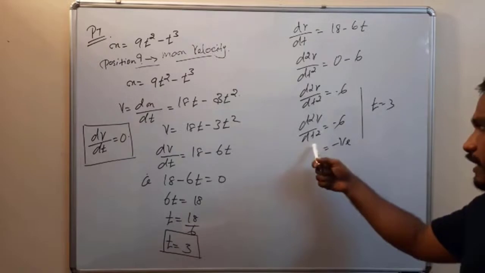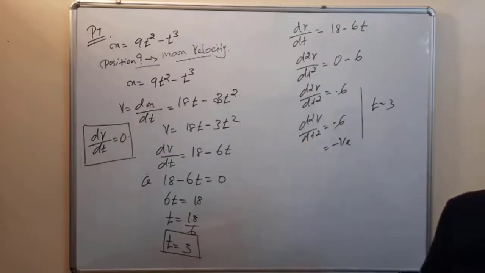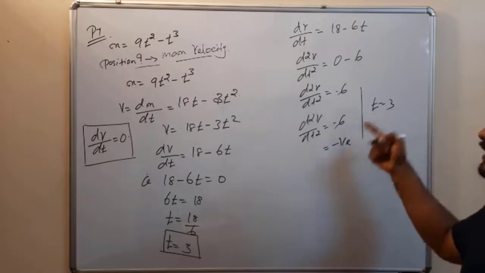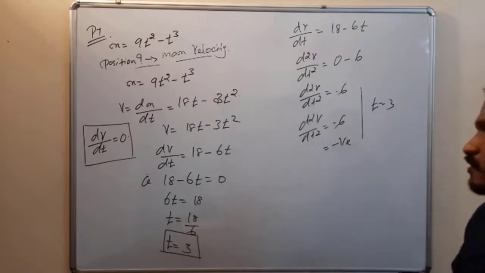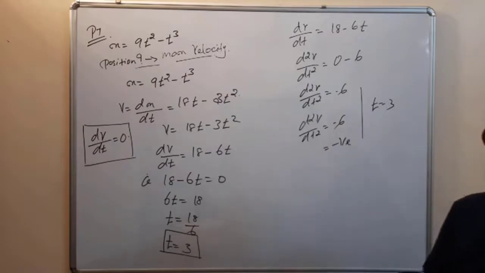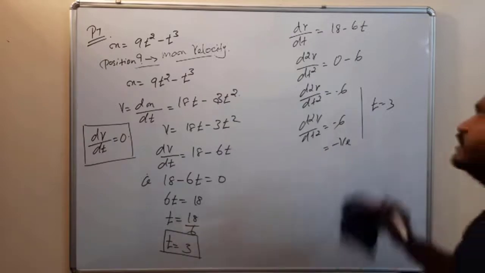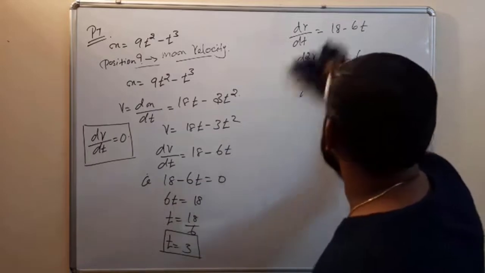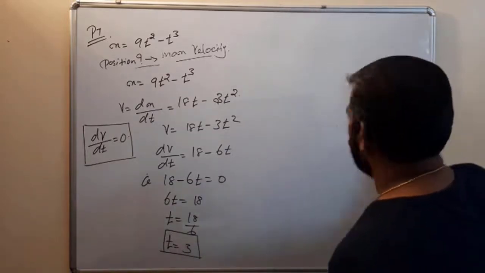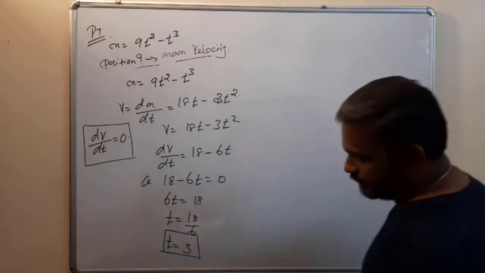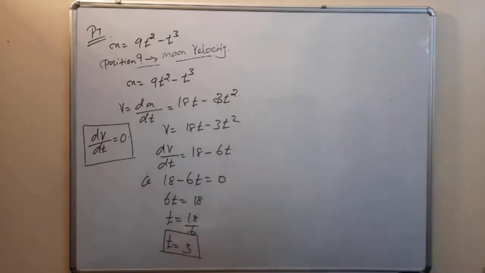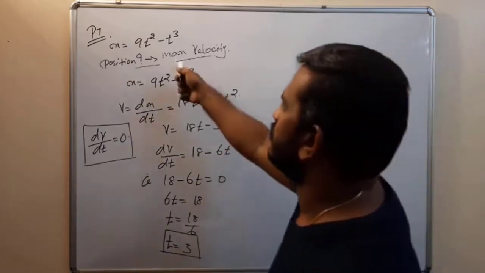If the second derivative is positive, then at that value the function is minimum. Here we are getting a negative value, so definitely the function is maximum. So at time t is equal to 3, the velocity is maximum. It reaches the maximum velocity.